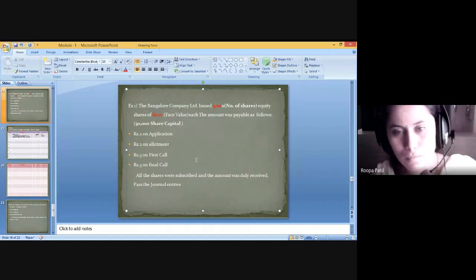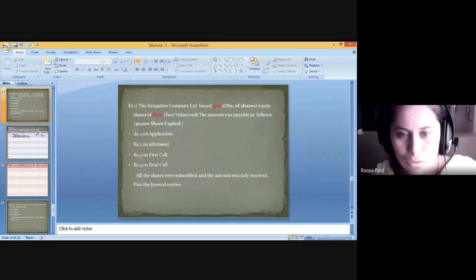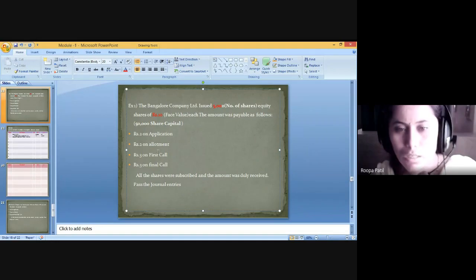Clear? So the first problem. Here they have given the entries directly: first the application, then allotment, then the two calls, first call and final call. So what is the journal entry for receiving the application money? Screen is visible, PPT is visible to all.